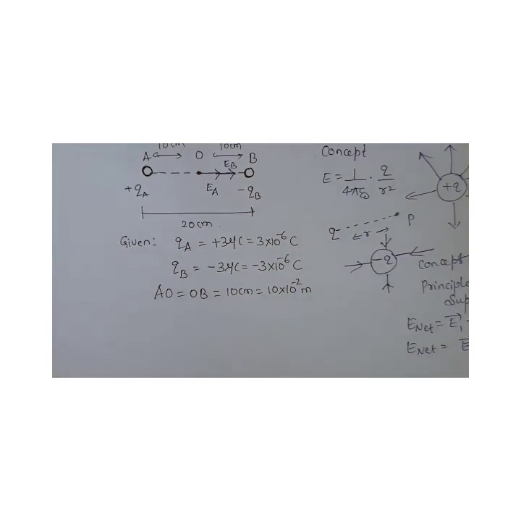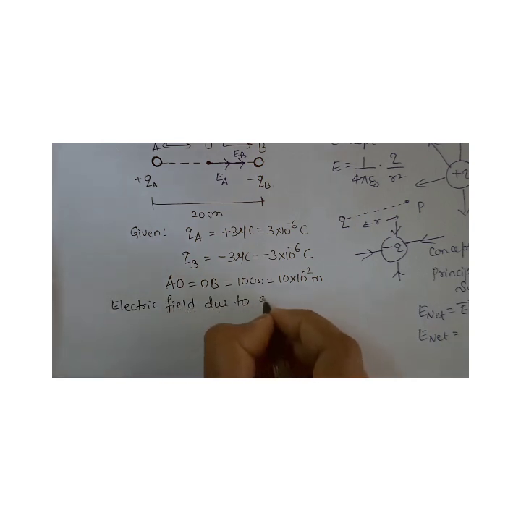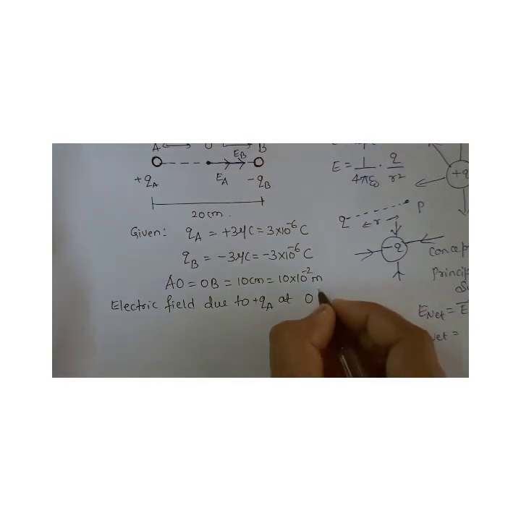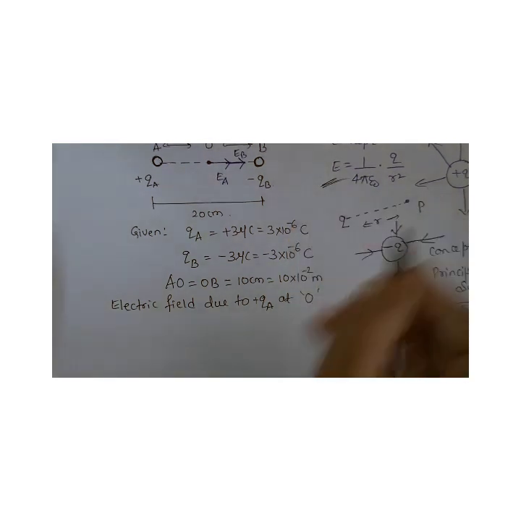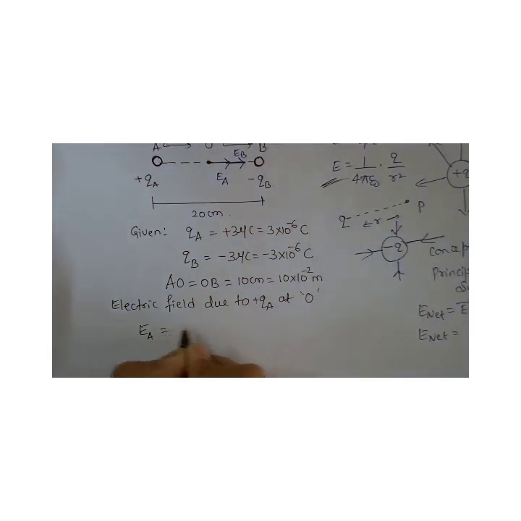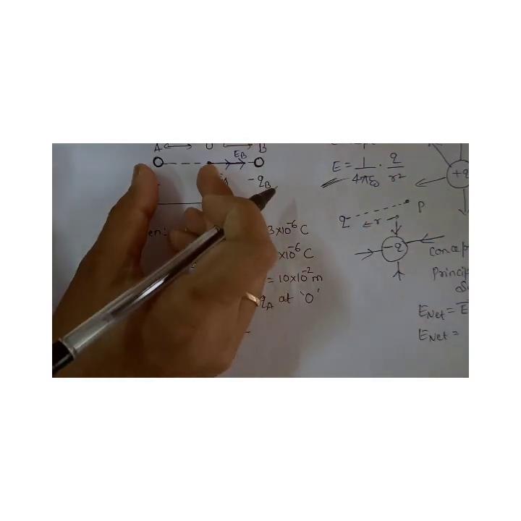That's it. Now are we able to find electric field due to QA? First we will find electric field due to QA, positive it is, at O, at the midpoint O. So what is the formula? What is the concept? This is the concept. EA is equal to 1 by 4 pi epsilon naught into Q, in place of Q plus QA, divided by, in place of R, what are you going to take?